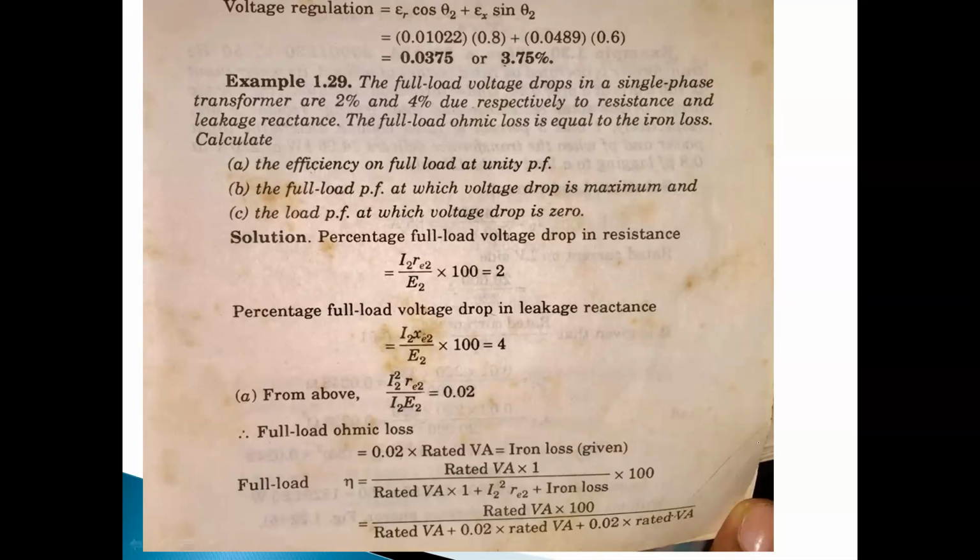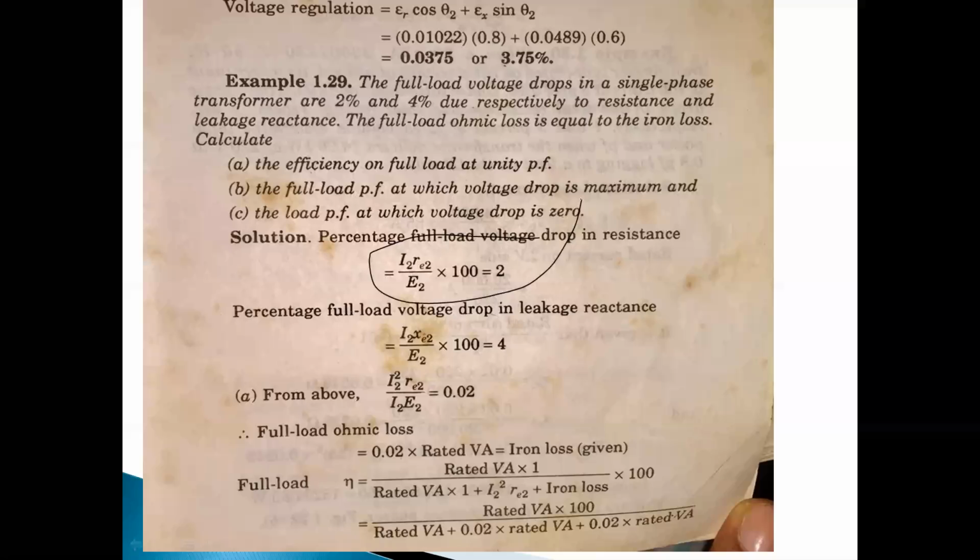The voltage drops are 2% and 4%, the resistance drop and the leakage reactance drop. The per unit resistance drop is I2 R equivalent of 2 by E2 into 100, which is 2%. The reactance drop is I2 X equivalent of 2 by E2 into 100, which is 4%.